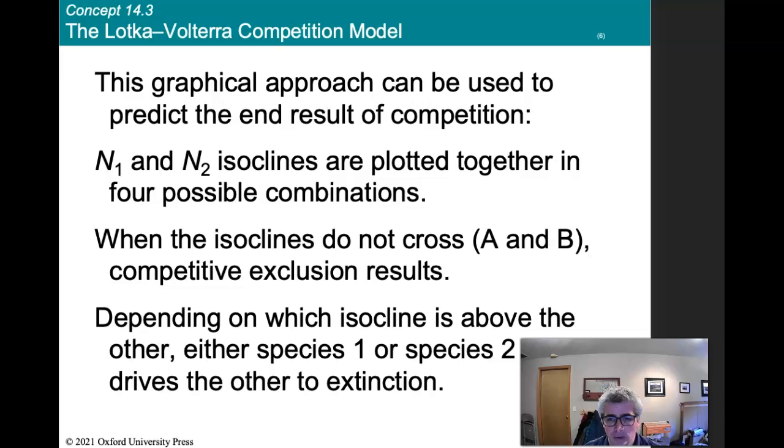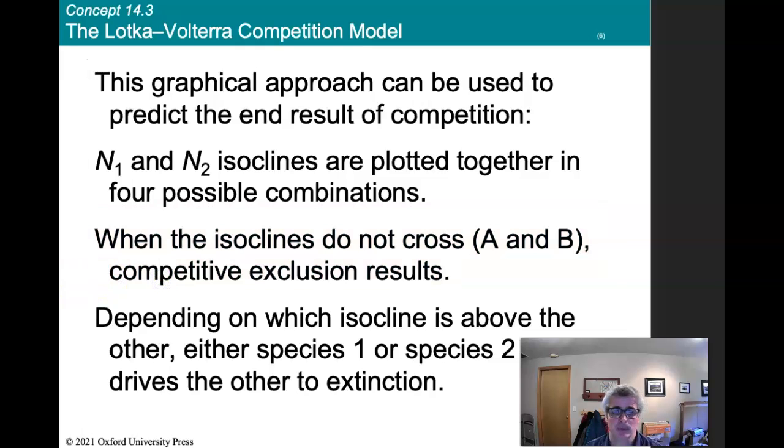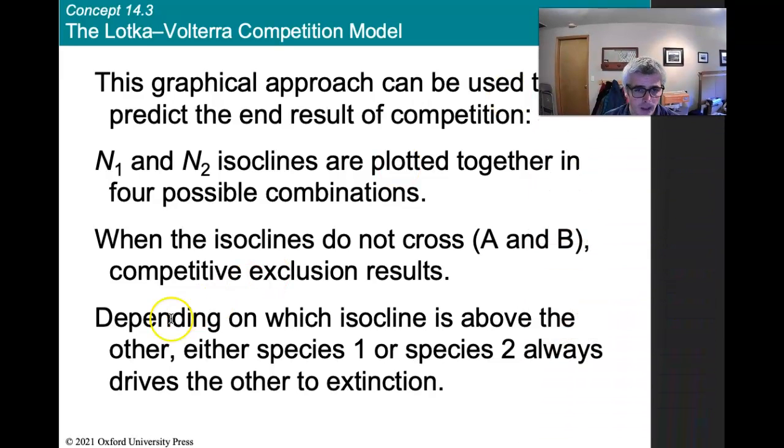When the isoclines do not cross, A and B, competitive exclusion results. Competitive exclusion means one of the species survives, the other one doesn't. Depending on which isocline is above the other, either species 1 or species 2 always drives the other to extinction. So when we look at the isoclines, you want to be the top isocline.